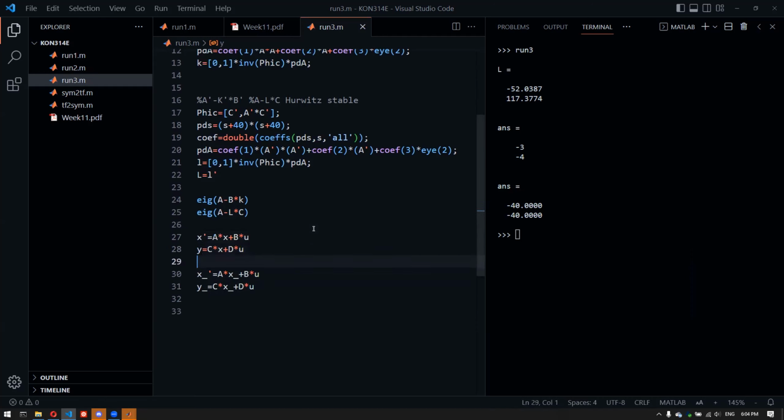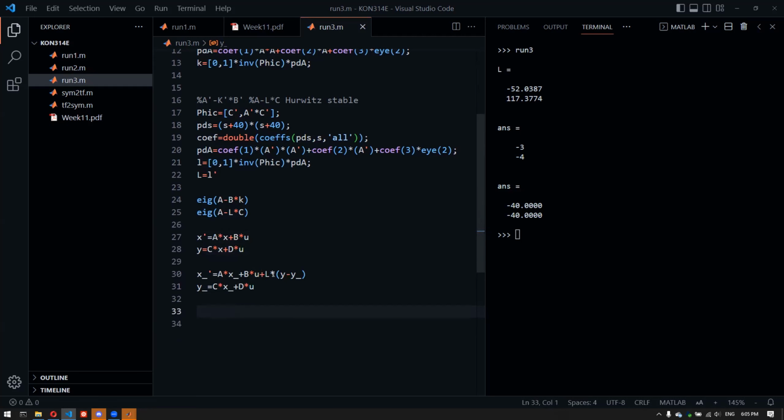And let's review our things. We have an adjustment here, which was plus L times Y minus Y underscore. And then we have our control law, which hopefully is going to be minus K times X underscore.